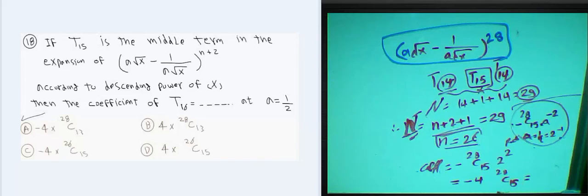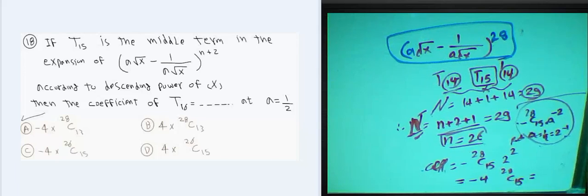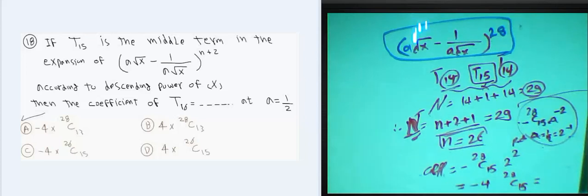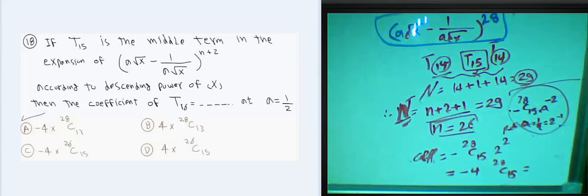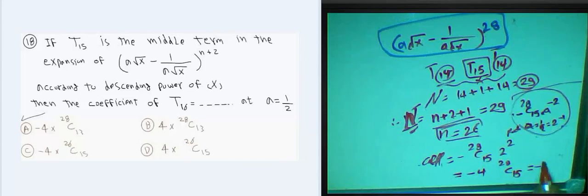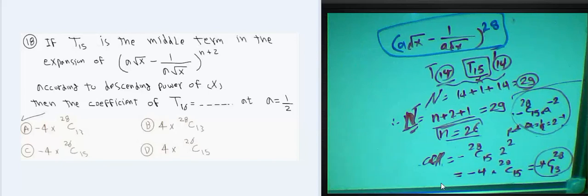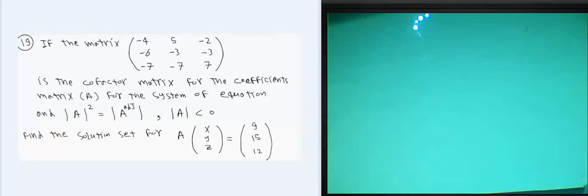You can simplify it to choose the correct result. 28 subtract 15 equals 13. So the result will be -4 times 28 combination 13. So the answer is letter A. Choose letter A for question 18.